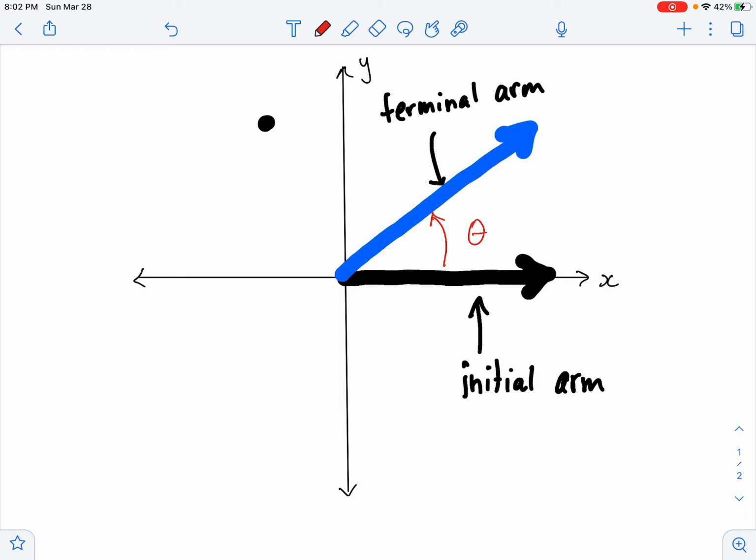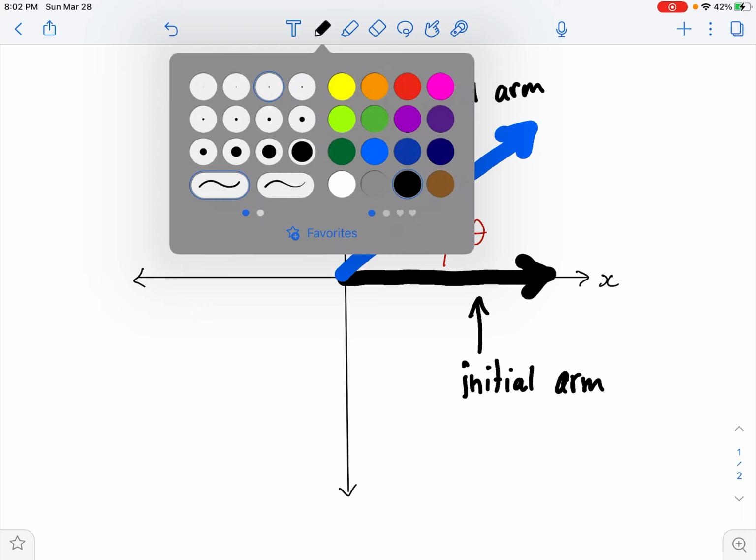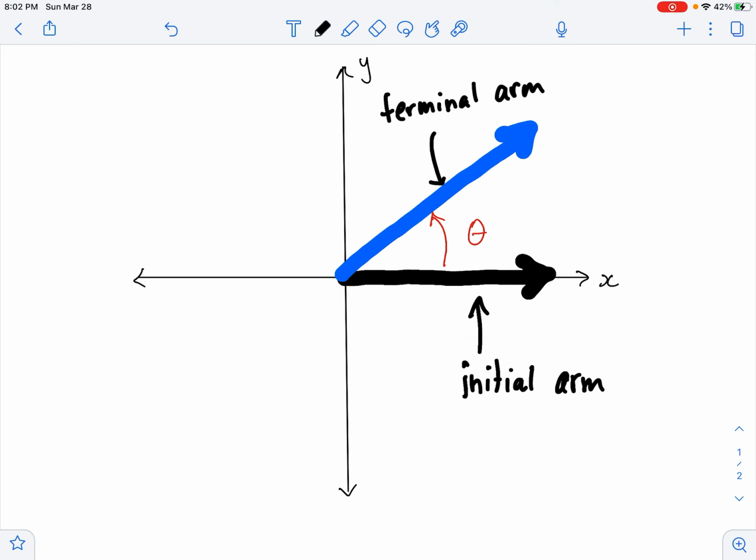So anytime you have an angle where the vertex is actually at the origin of a coordinate system, and the initial arm is on the positive x-axis. Okay, so that's where the big thick black one was, right there. And then the terminal arm swings open from there. The angle that forms is called a standard angle.